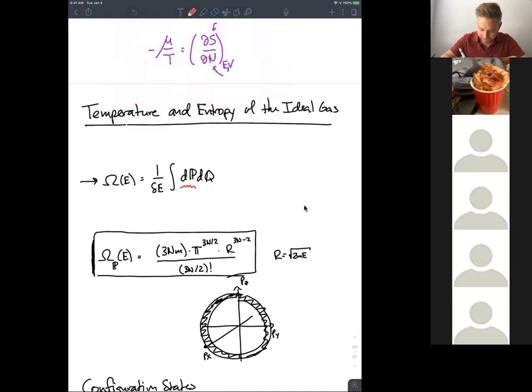We haven't evaluated anything to do with position yet. So in order to get the complete density of states, we have to take our density of momentum states and multiply by the density of configuration states. Okay, so does that make sense? All right, good.